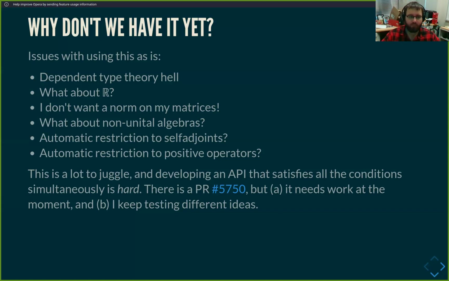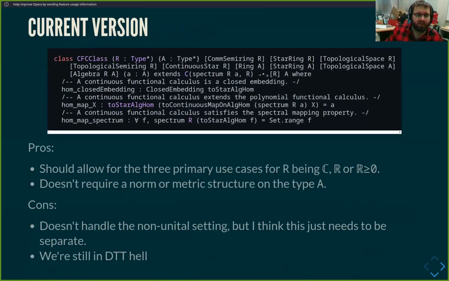I have a PR, but I keep going back and forth about what the right way to do it is. So let's talk about that a little bit. In the current version, I'm creating a new class for a continuous functional calculus, and this is going to be a star algebra homomorphism from the continuous functions on the spectrum into the full algebra A, not into the subalgebra.